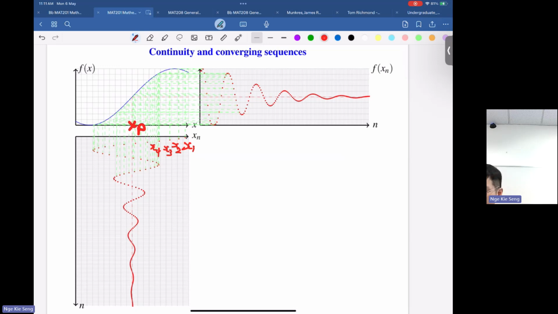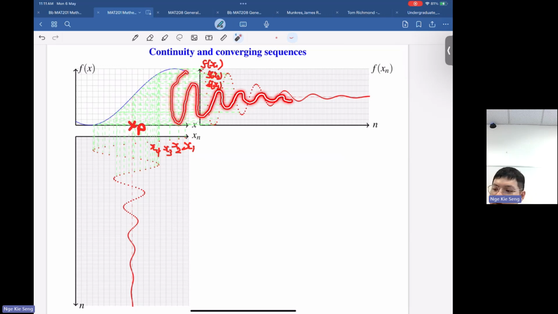I can plot out what is f(S1), f(S2), f(S3), and so on. You can see that when my sequence in the domain goes from right to left, my f values go top to down, and then to top again, to down again, and then also converge to some point here.